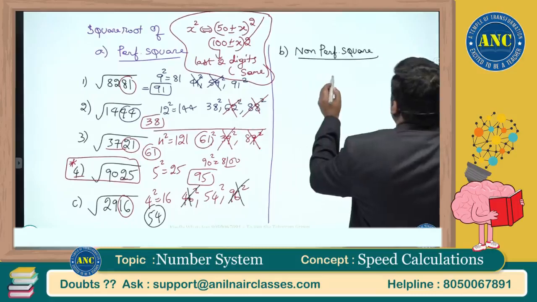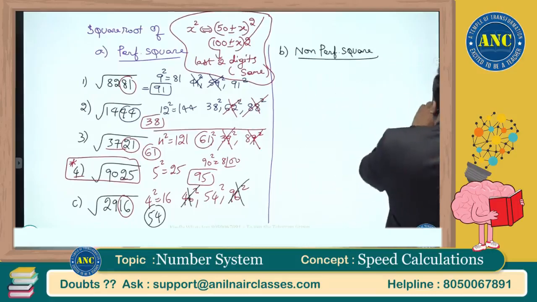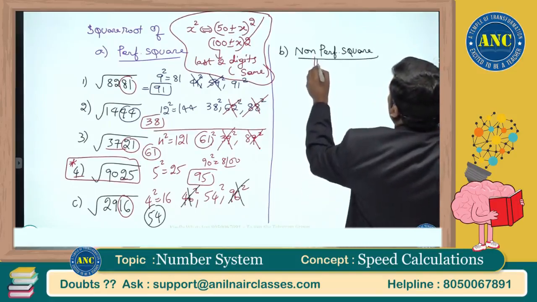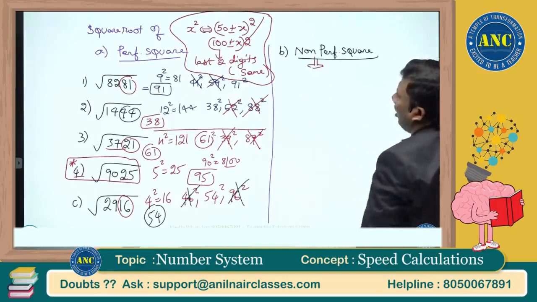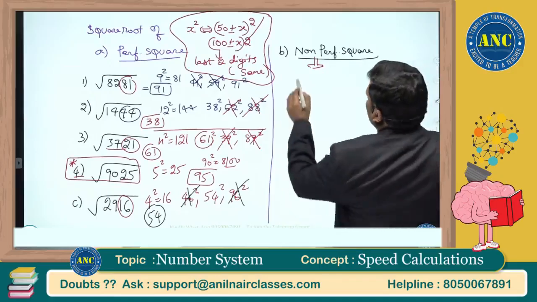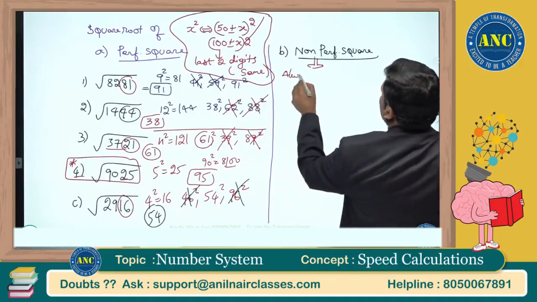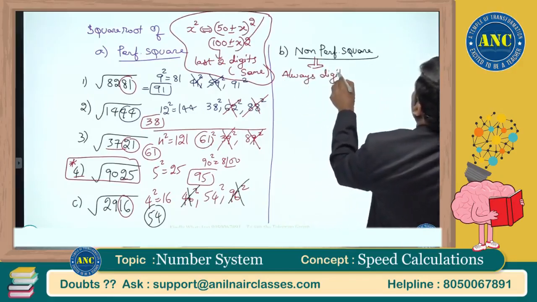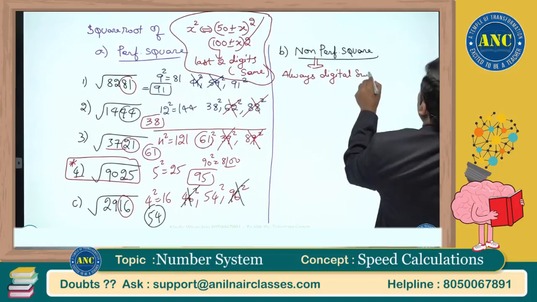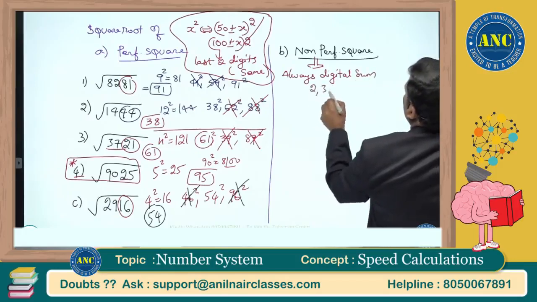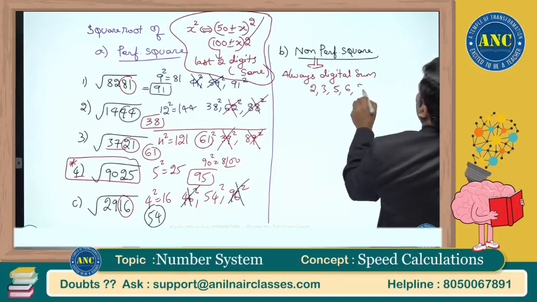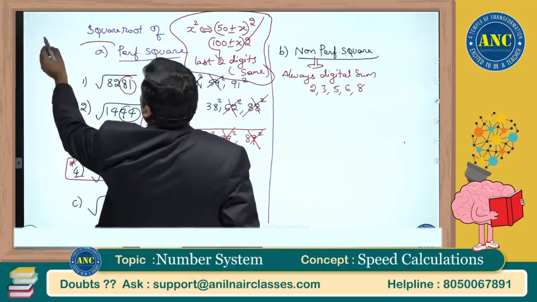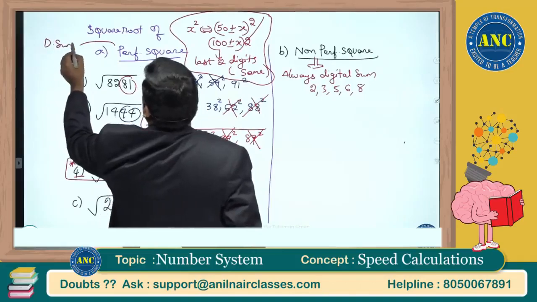How will you determine a non-perfect square? A non-perfect square always has a digital sum of 2, 3, 5, 6 or 8. A perfect square will always have a digital sum of 1, 4, 7 or 9.